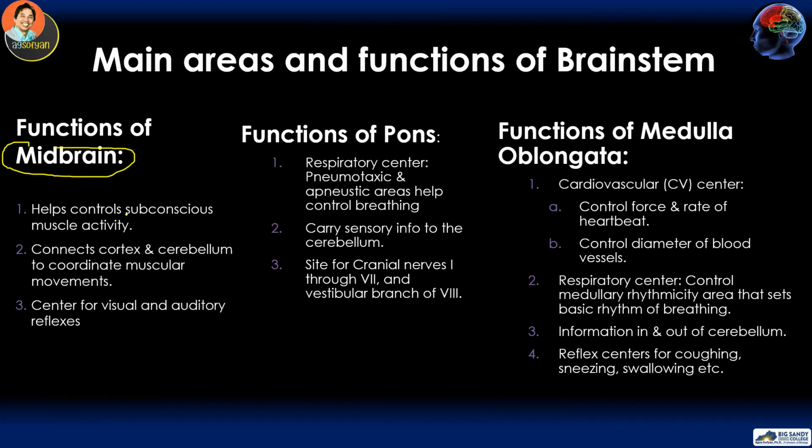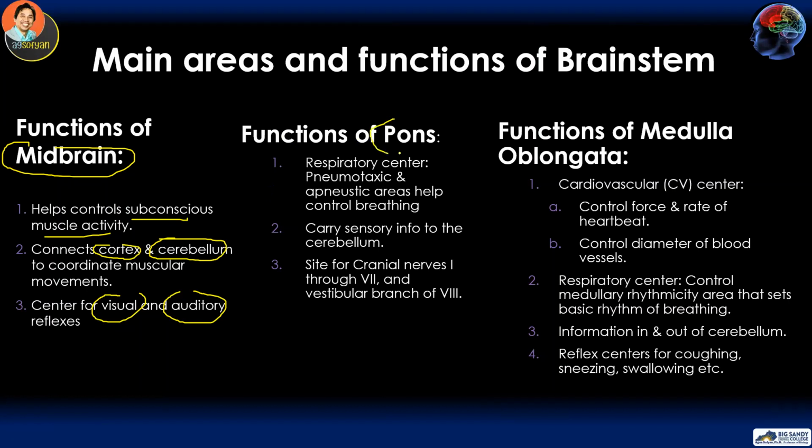It helps control some subconscious muscle activity, connecting the cortex and cerebellum. It is also central for some visual and auditory reflexes. So the vision reflex and hearing reflex will also be controlled by the midbrain.